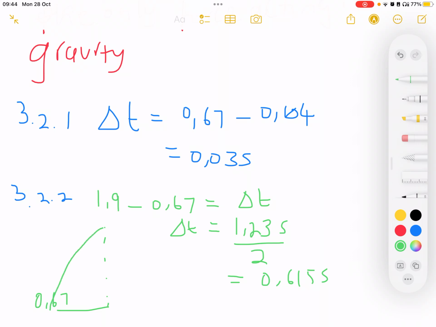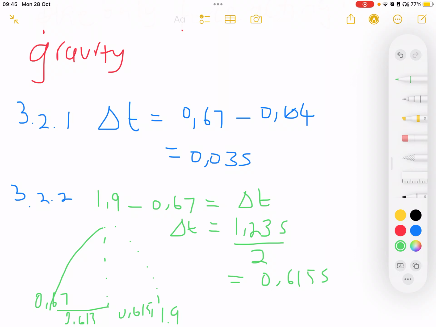So if this was maximum, the time here it took is 0.67 plus 0.615 and another 0.615 to get back to the ground. And then if you add these two, you're going to get 1.9. I hope you guys will understand this.